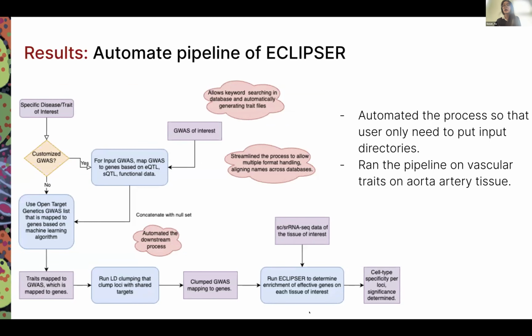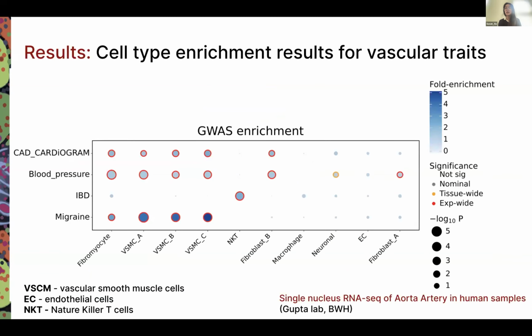So after automating this pipeline, I ran it on aorta artery with several vascular traits. This graph is showing a bubble map of enrichment of the corresponding GWAS for the specific cell types. So the color represents the significance of enrichment, and the size represents the fold change.